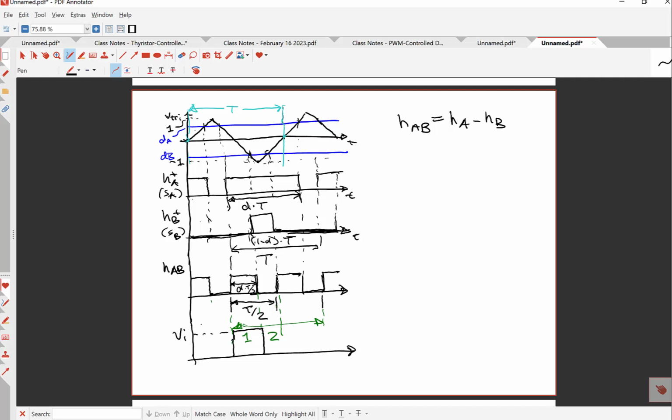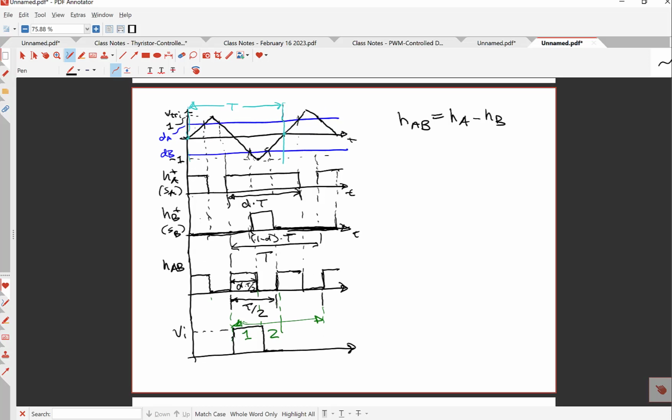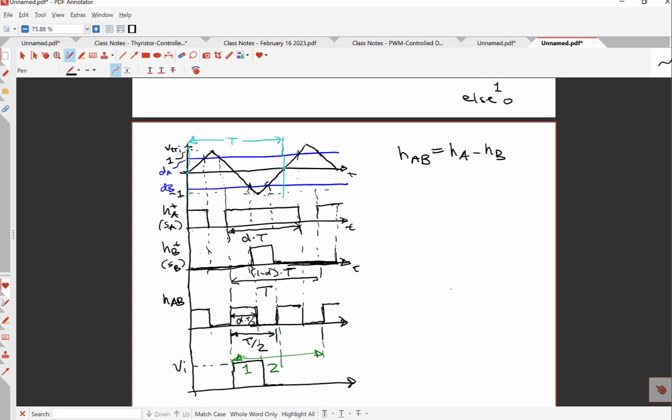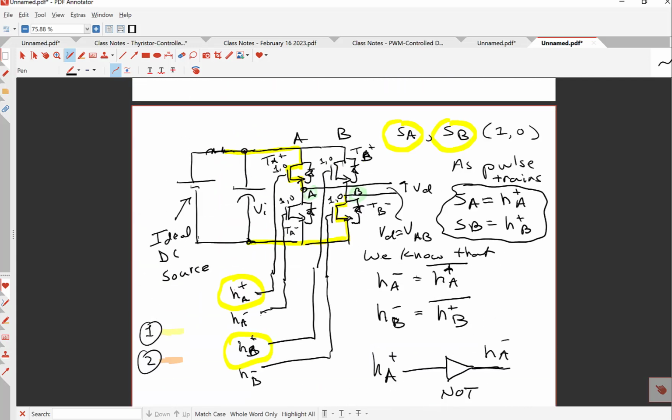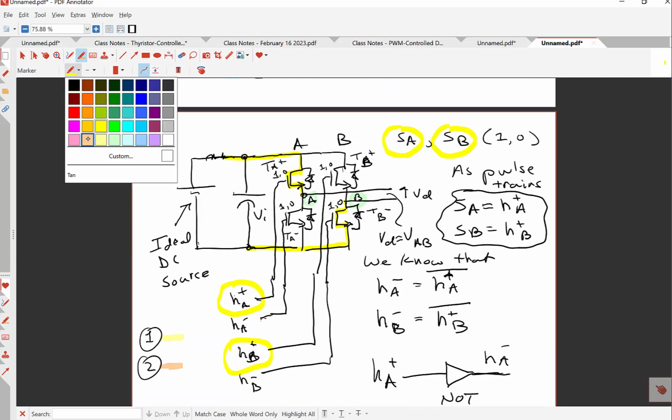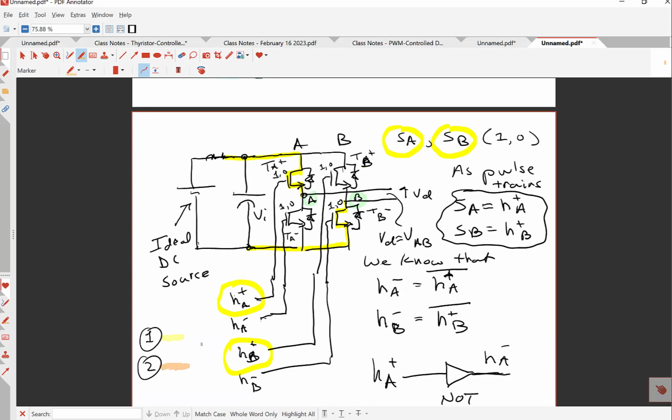The amplitude VI. And then during the 2 time, we actually have A plus and B plus both on. So going back up to our picture here, that's during the 2.